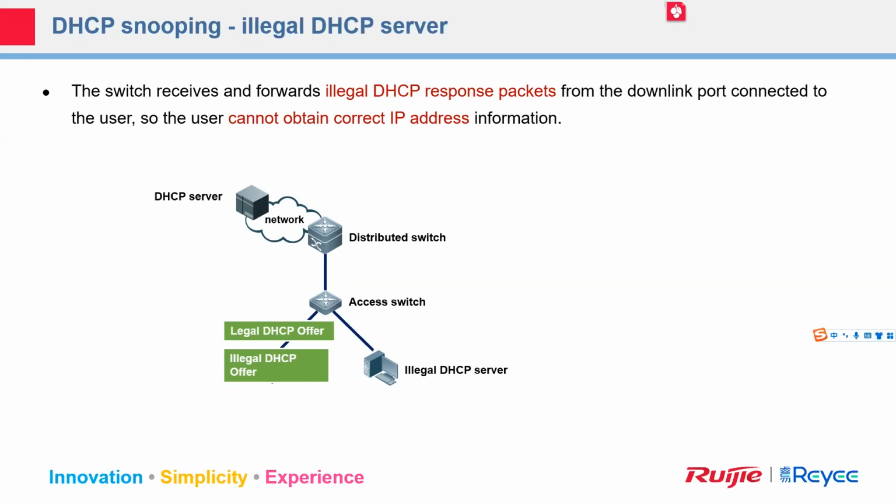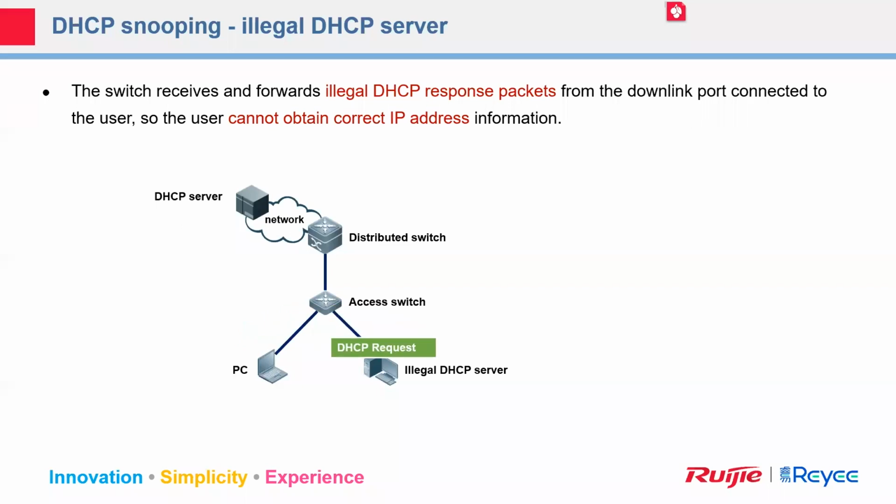So how does it choose which one is better? Who can give me the offer packets faster? I will choose that one. So the result is that the PC will choose the illegal DHCP offer, and then it will use this information to get to the internet. It will use this offer and then send the request: okay, I know now you are the DHCP server, please give me an IP address.